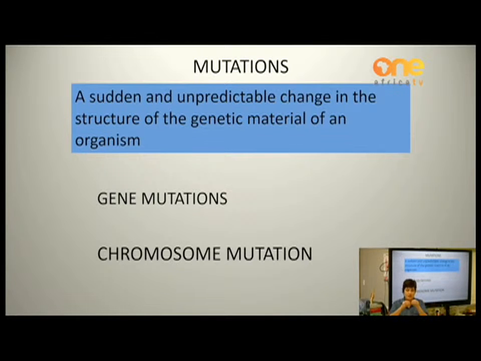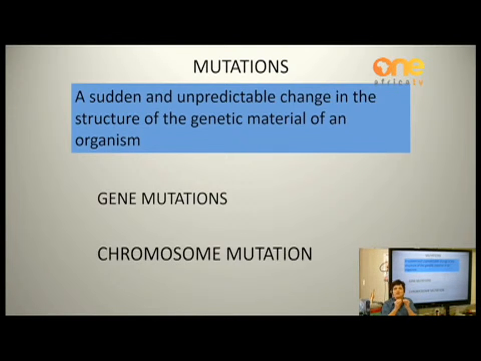A gene can change if one of the bases is deleted, or one can just be changed. It was a guanine, now it's a cytosine. So altered or changed or deleted, or if suddenly an extra one appears. That is when the gene changes.